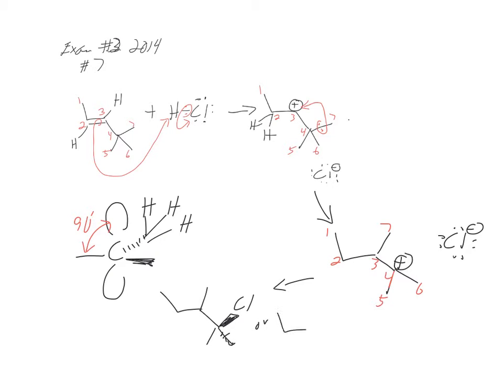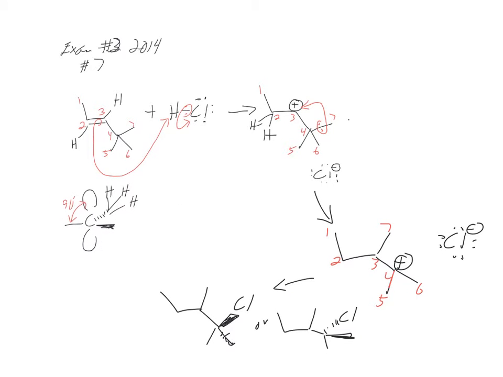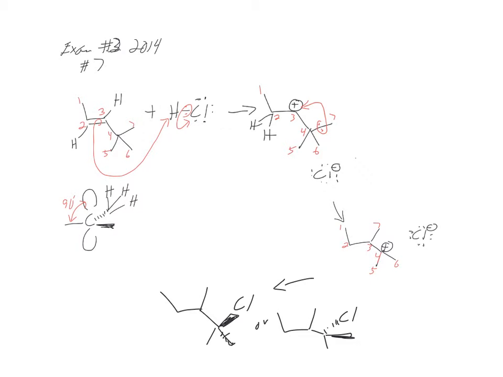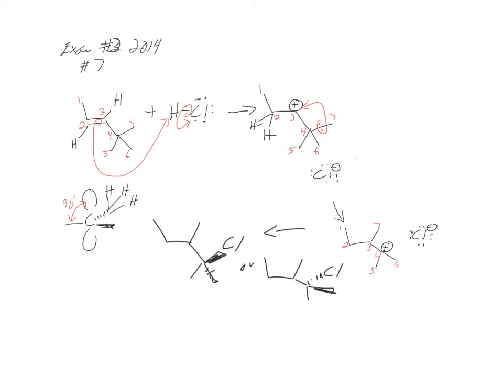Even though this is just for fun, because we of course know this is not a stereo center. 1, 2, 3, 4, 5, 6, 7. But we realized it would add from the top or the bottom, wedged and hatched.